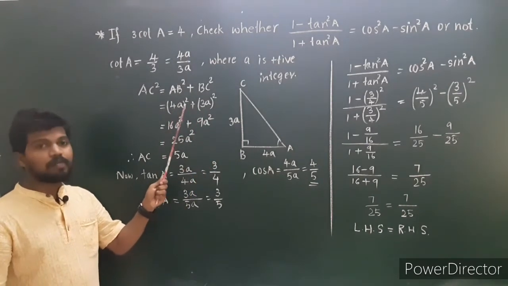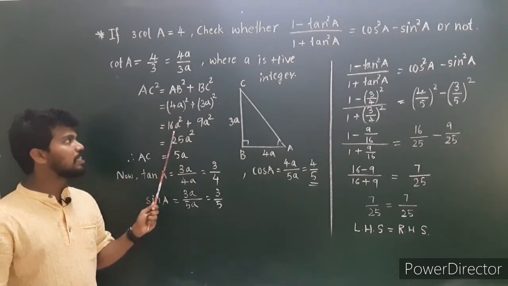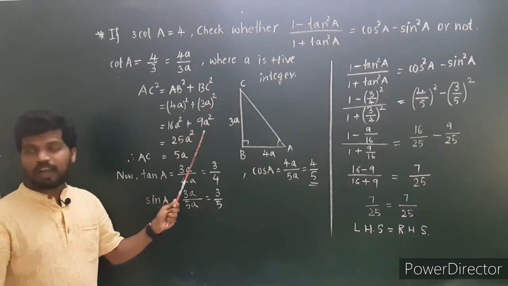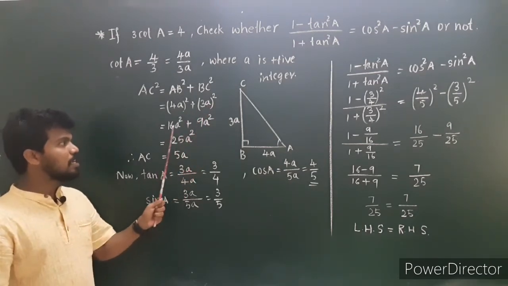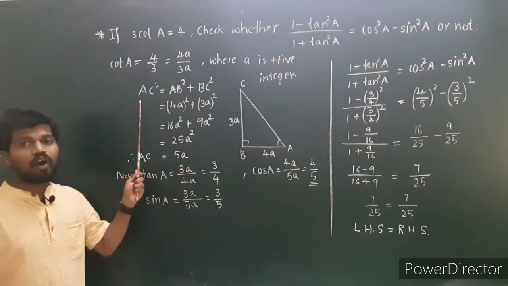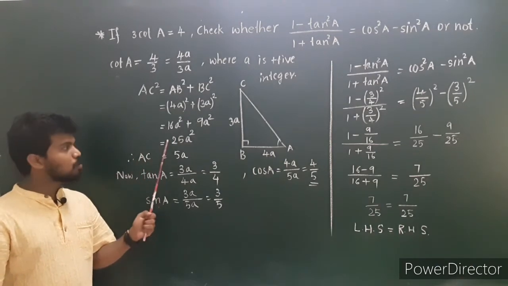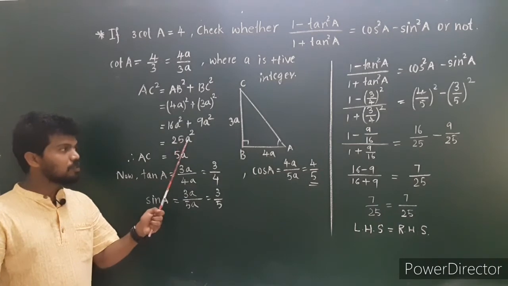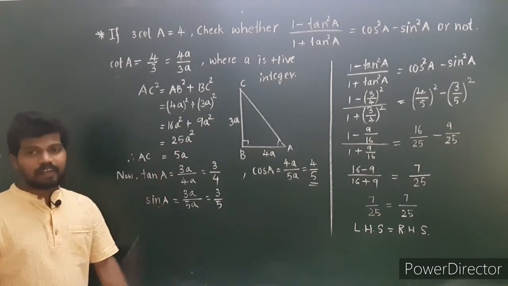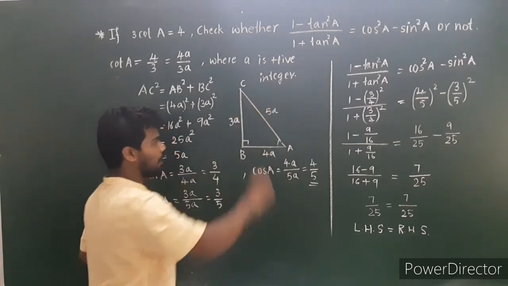So 4A square means 4A into 4A, that means 4 into 4, 16, A into A square, and similarly 3A square, you have 9A square. So 16A square plus 9A square, you get 25A square. So that is the value of AC square. But you want AC, so take the square root. The square root of 25, 5. The square root of A square, you get A. The side length of AC you have 5A. So this is now 5A.